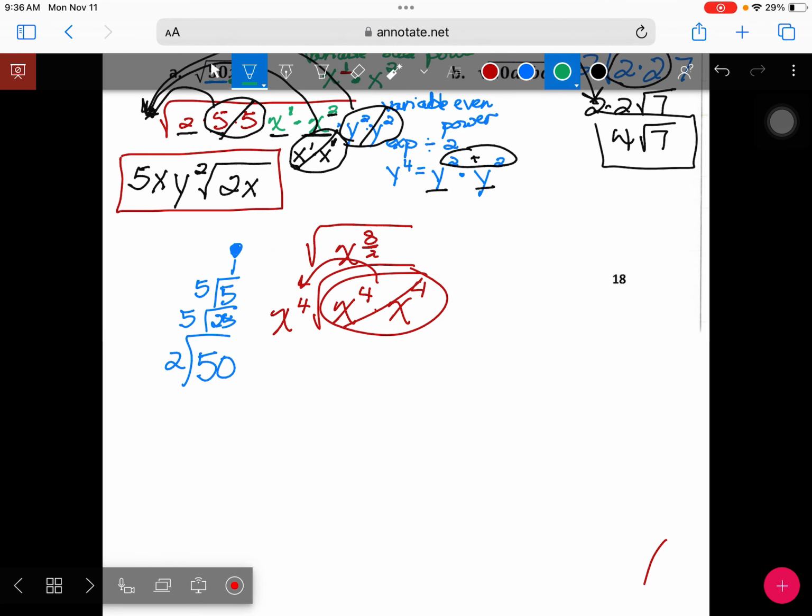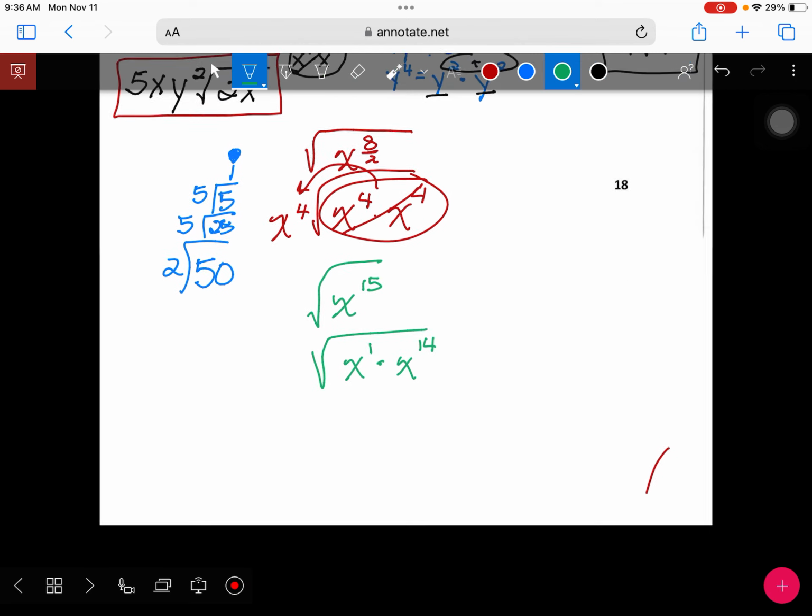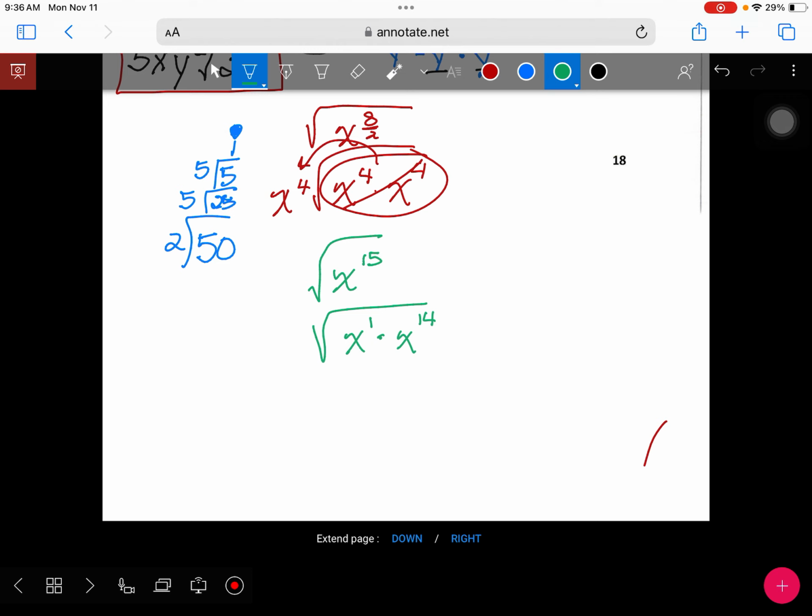If I had x to the 15th power, we're going to change that. So it would be x to the 1st times x to the 14th. And then when you would have x to the 14th, divide that by 2.